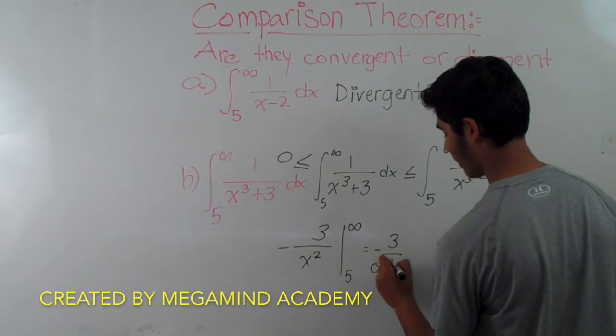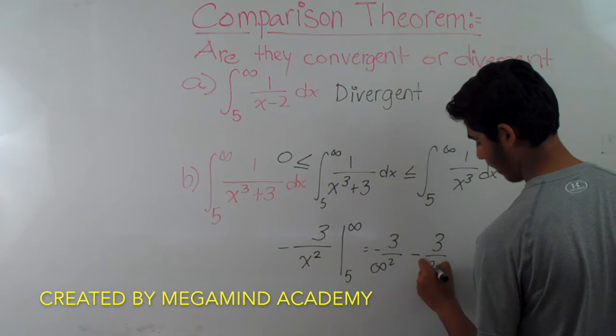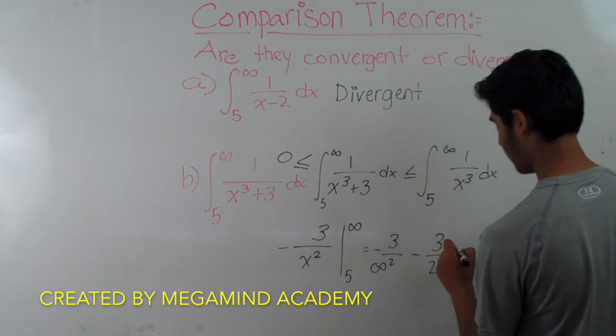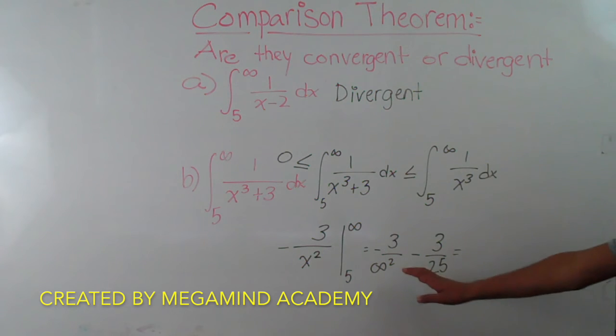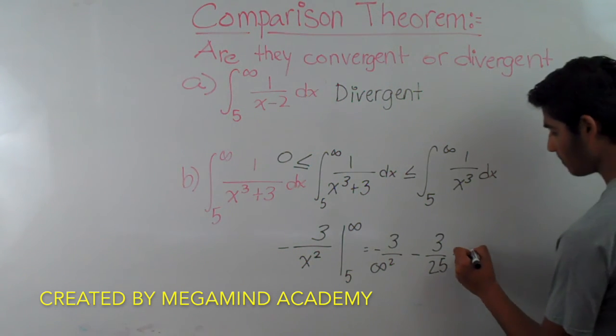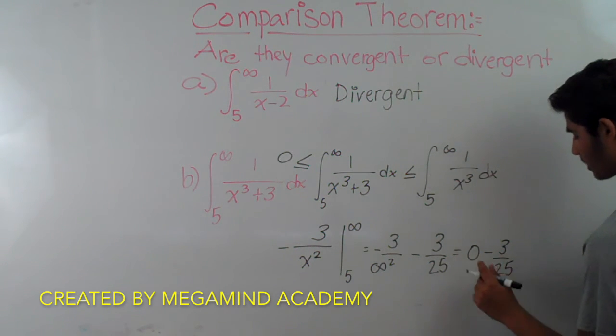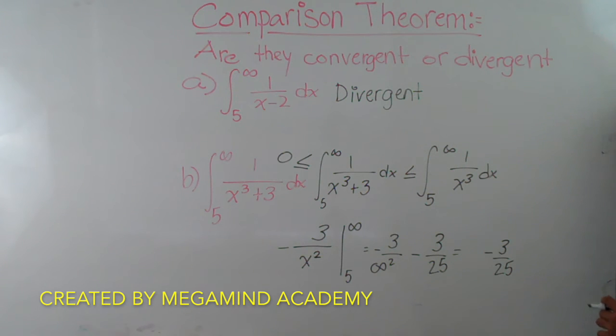Which is equal to negative 3 over infinity squared minus 3 over 25. Now we know that negative 3 over a really, really big number becomes 0. So you get 0 minus 3 over 25, which is just equal to negative 3 over 25.